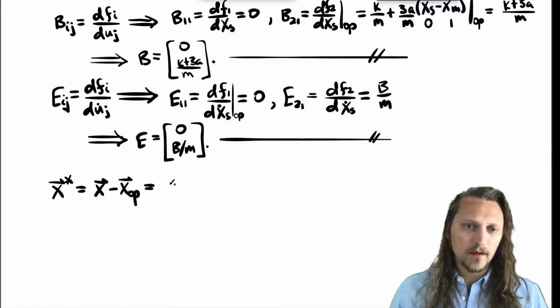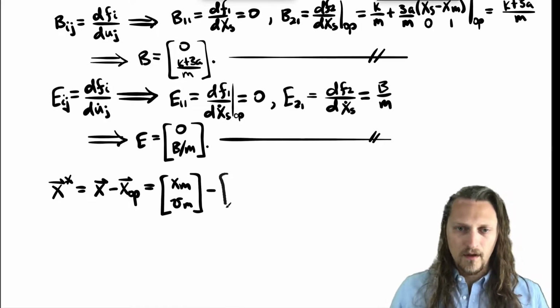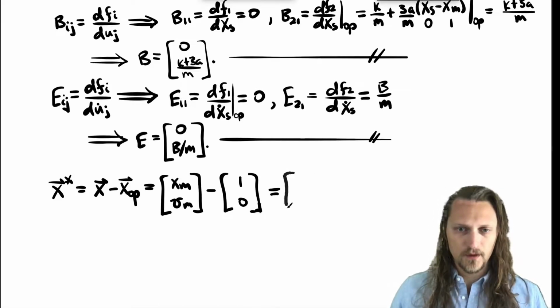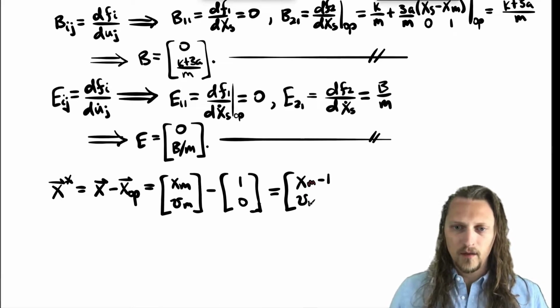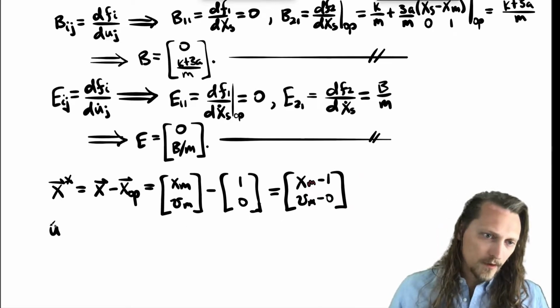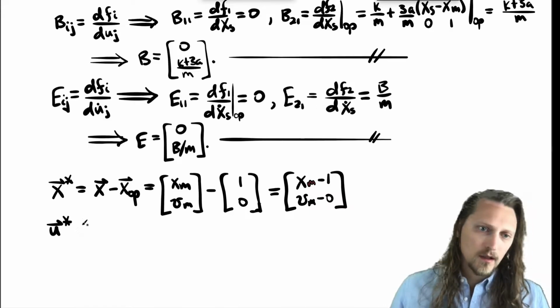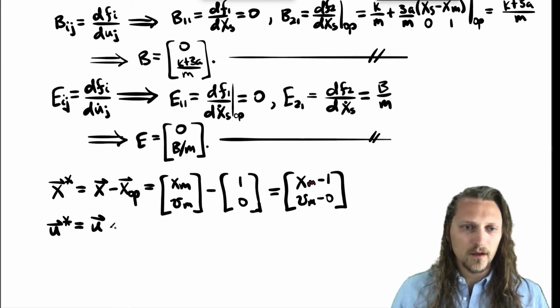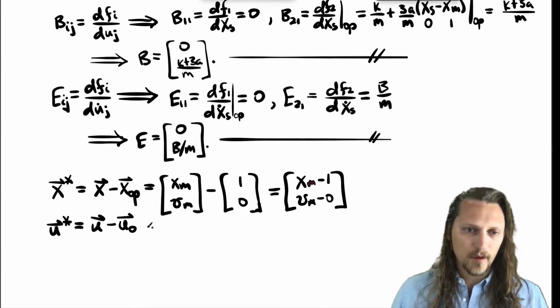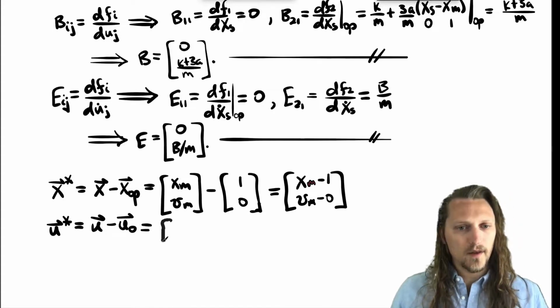So in this case, it's xm and vm minus 1, 0, which is just equal to xm minus 1, vm minus 0. Okay, our u star is, according to the lecture, u minus the operating point. Oh, I didn't usually put p, I just put o for operating point in the lecture. So that's just going to be 0.